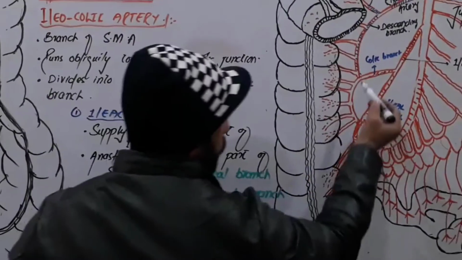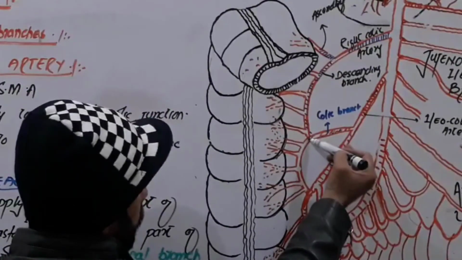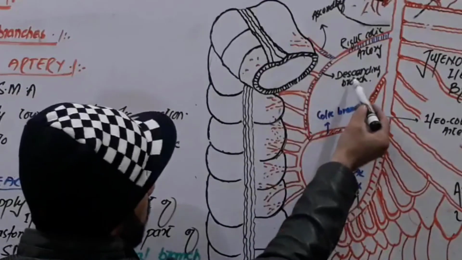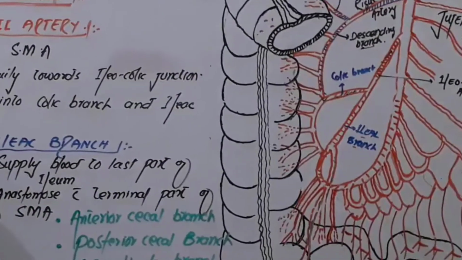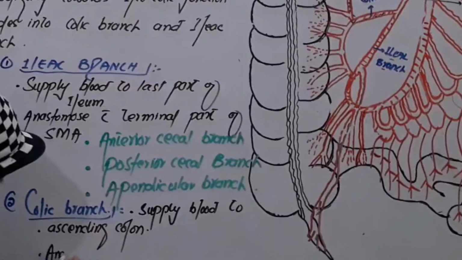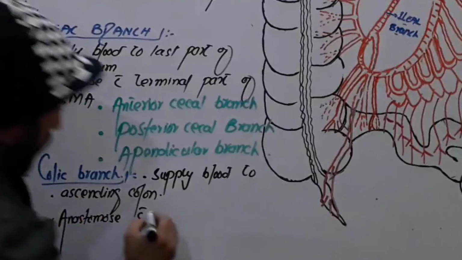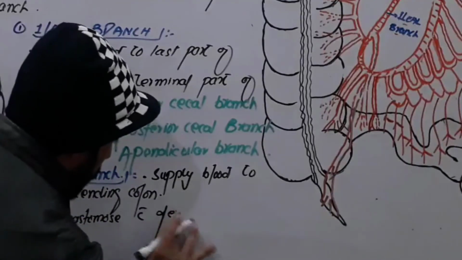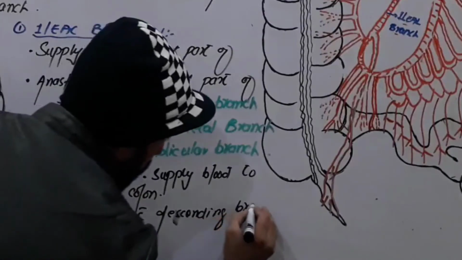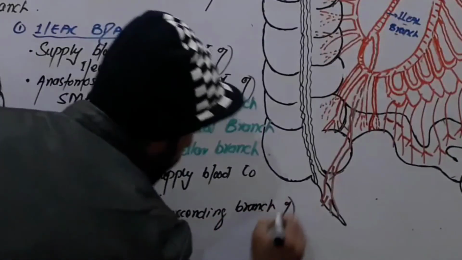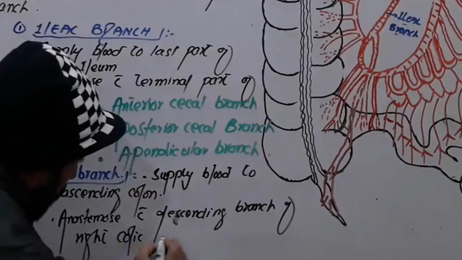Then it anastomoses with, look carefully friends, what? With the descending branch of the right colic artery. So we write here it anastomoses with the descending branch of the right colic artery.